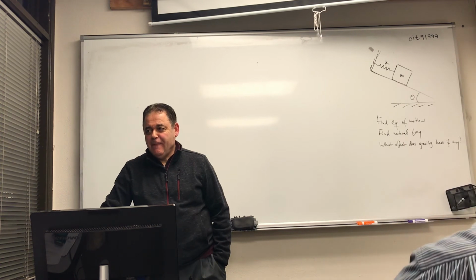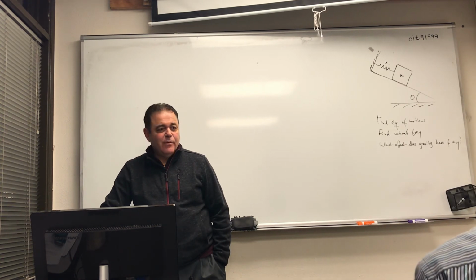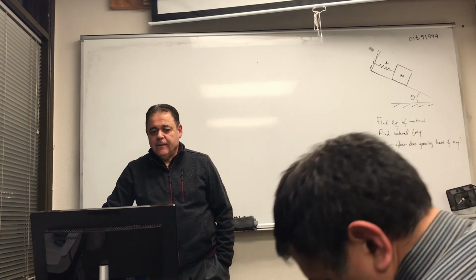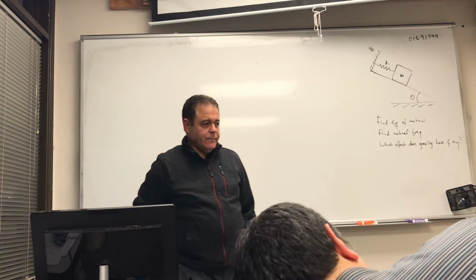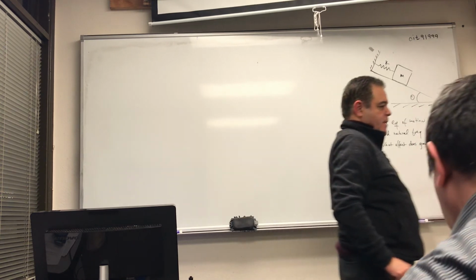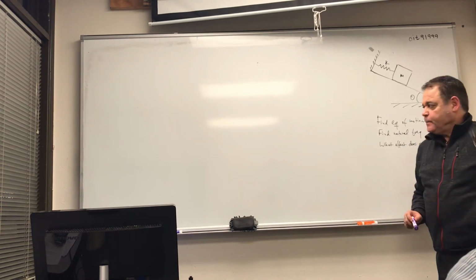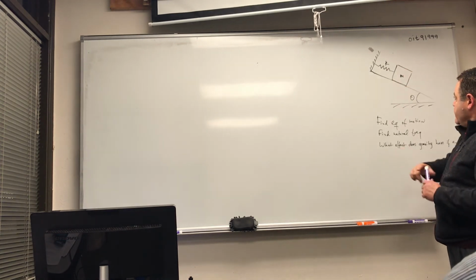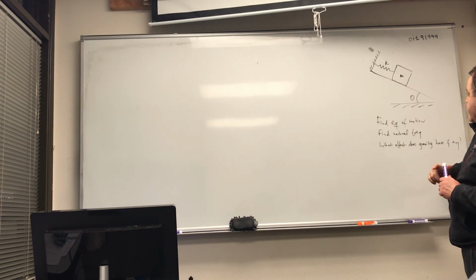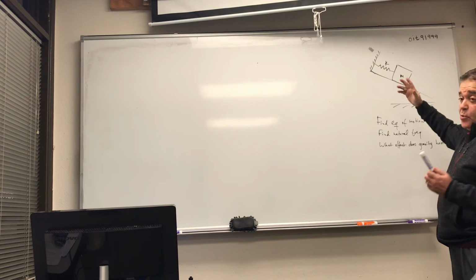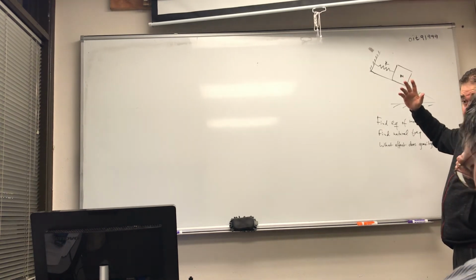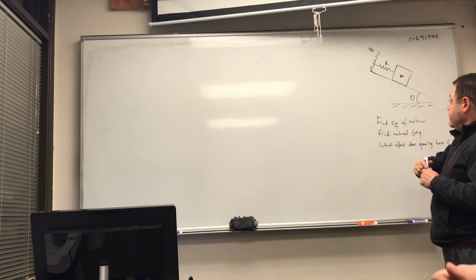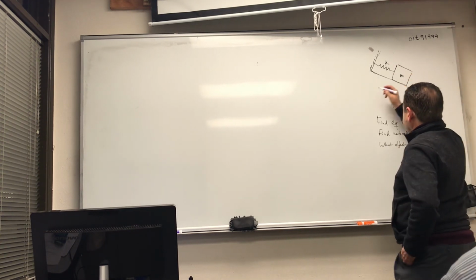Tough one? I'm having to go back and look at everything. Well, let's try to do this together. When this mass is attached at the end of the spring and it's in equilibrium, what are the forces acting on this?